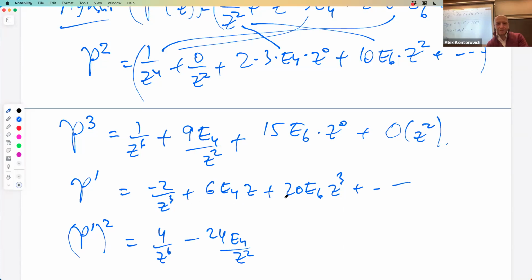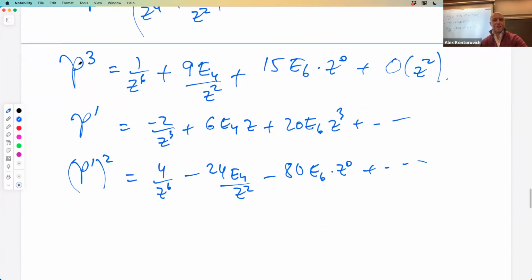And then let's get one more term. I think the next smallest term will come from the 2 z cubes. So I get a negative 40, so it's negative 80 E6 times the constant term plus higher order stuff. Does that make sense?